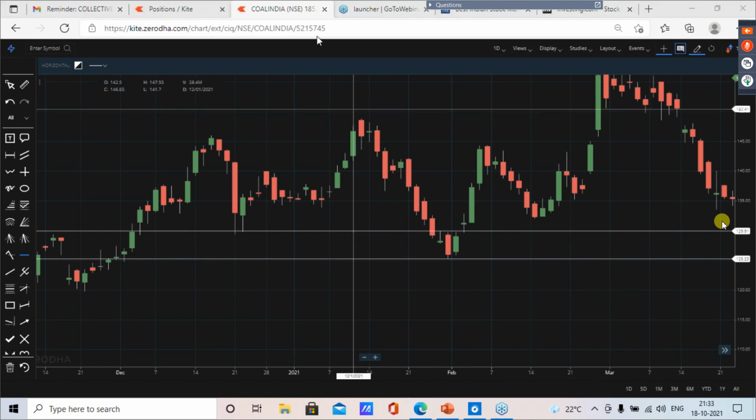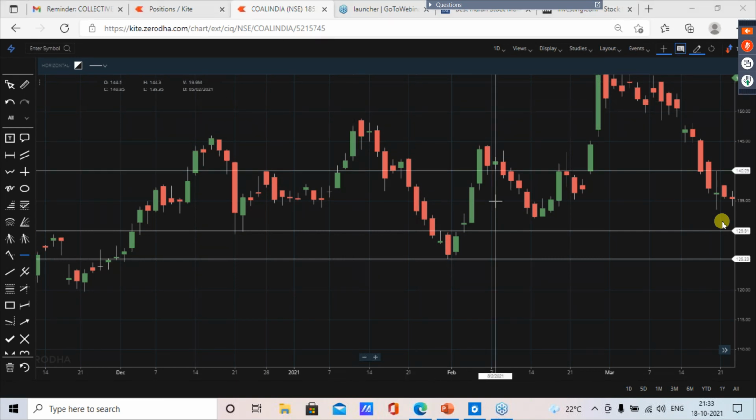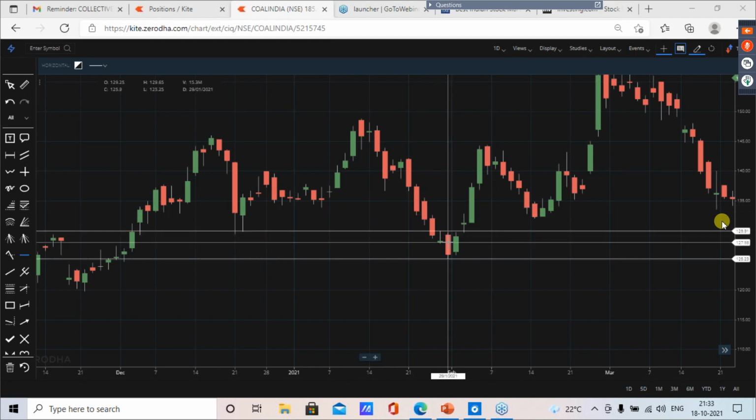For swing investment, 10% is the minimum profit that we should book. If I keep my cursor here, what is the high value? What is the high of this dominant candle, the mother candle? You can see the high here. High is 129.65, approximately 130, right?